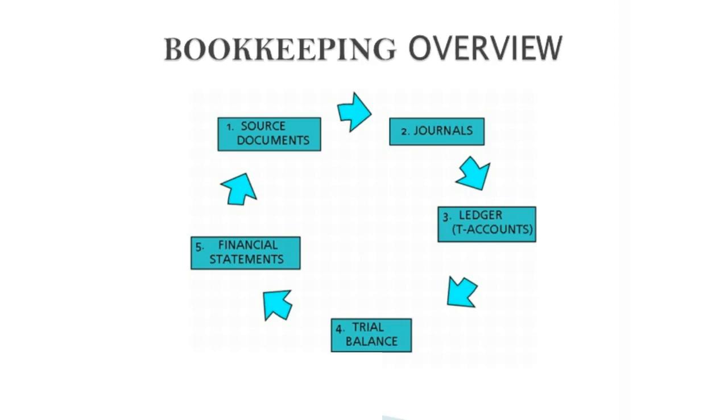Now, once they are entered, QuickBooks uses the accounts that you have set up in QuickBooks and puts them into the general ledger. The general ledger is composed of your accounts. Once they're in the general ledger, QuickBooks gives you a list of all your accounts. These are all your accounts with all your transactions that you have entered.